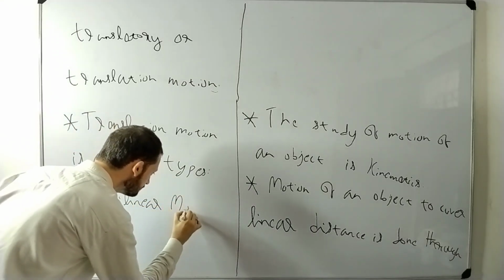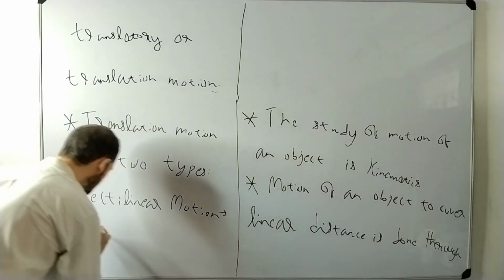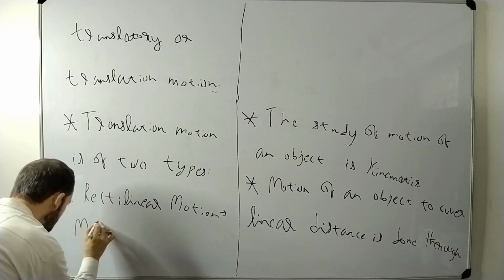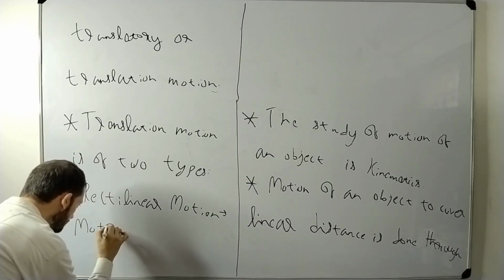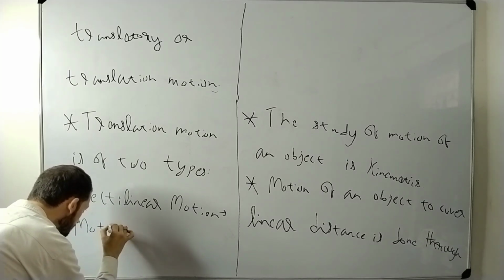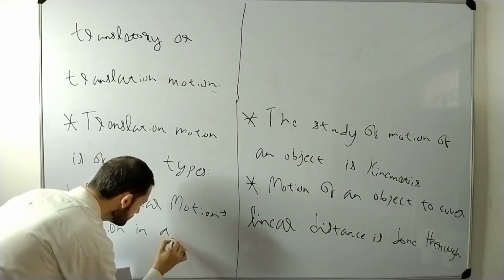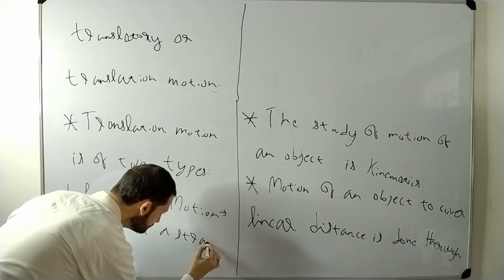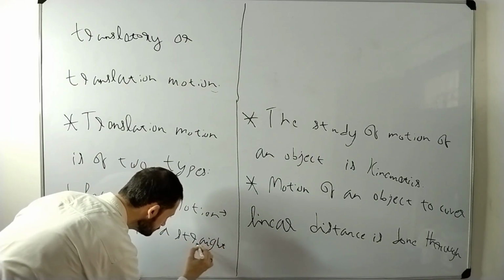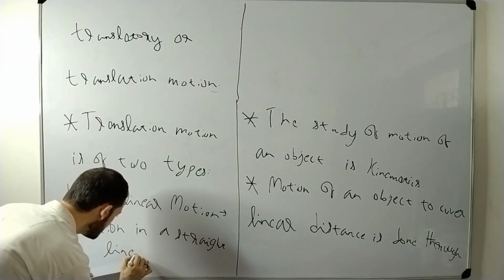Rectilinear motion. What is rectilinear motion? Motion in a straight line is rectilinear motion. When an object moves, so what is happening? Motion in a straight line. Right students?